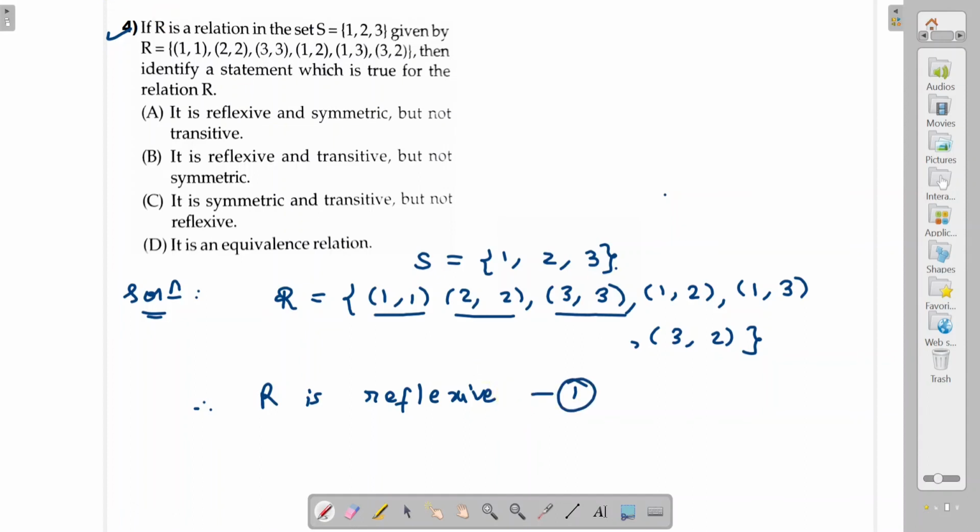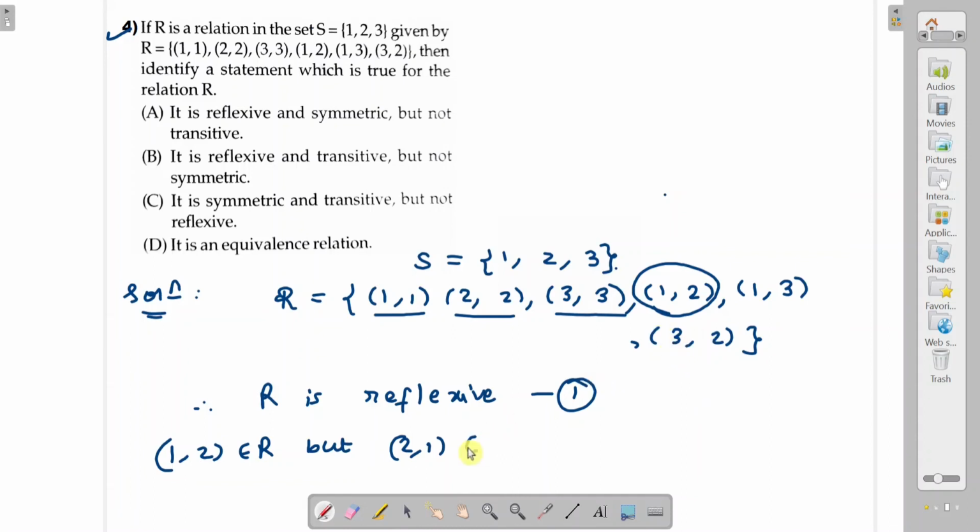Now let us check about the symmetricity. So if you check the symmetric property here, then if you look at this (1, 2), right? Now (1, 2) belongs to the relation R, but does (2, 1) belong to this relation R? We can check. We have (1, 1), (2, 2), (3, 3), (1, 2), (1, 3) and (3, 2).